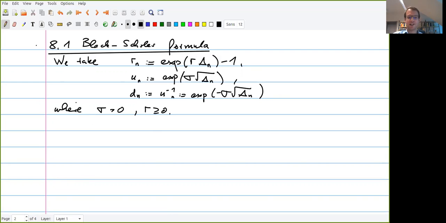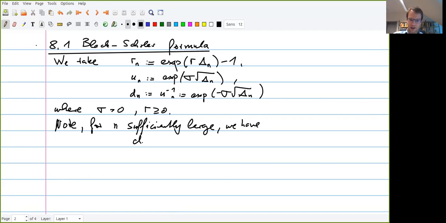And these parameters might actually violate this condition, but what you can check, if we make n sufficiently large, then we have our no arbitrage condition. So the downwards movement is strictly less than the returns in the risk-free asset, which is strictly less than the upwards movement.